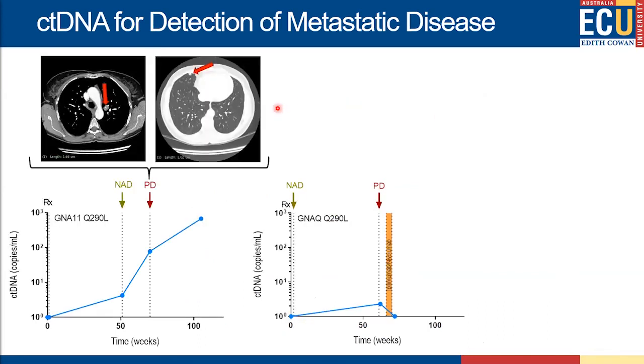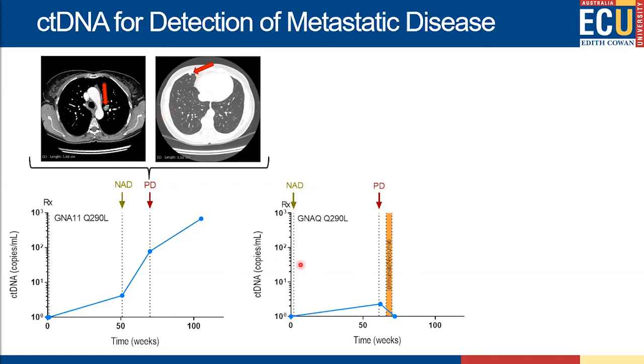Similarly, we have observed in a number of patients, this is another example, an elevation of circulating tumor DNA in the blood of a patient with no evidence of disease. And in fact, further elevation of circulating tumor DNA corresponds with the detection of 2 metastatic deposits.